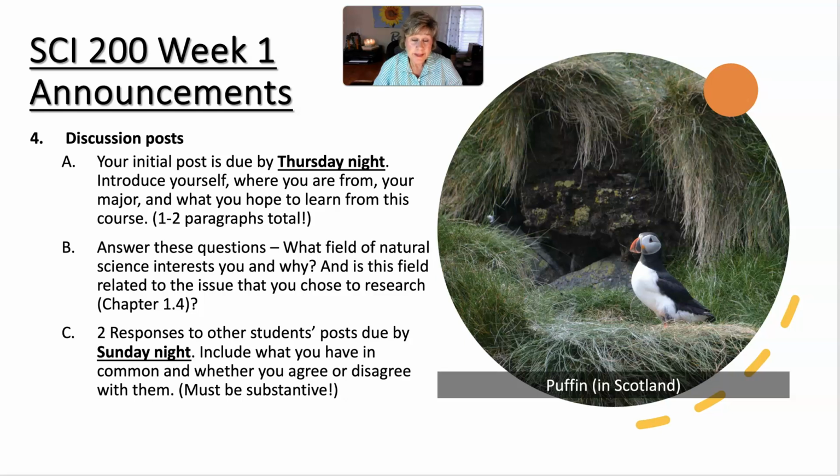I don't know what it's called, but anyway, astrology. Astronomy, the study of stars and heavenly bodies, is a natural science. And then you got biology and chemistry and physics and geology and environmental science. There are lots of different fields in the natural sciences. Which one interests you?